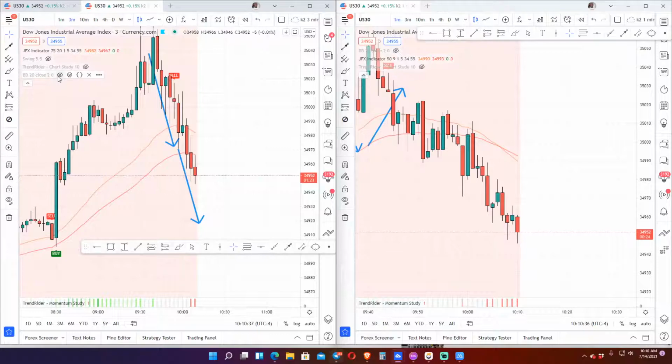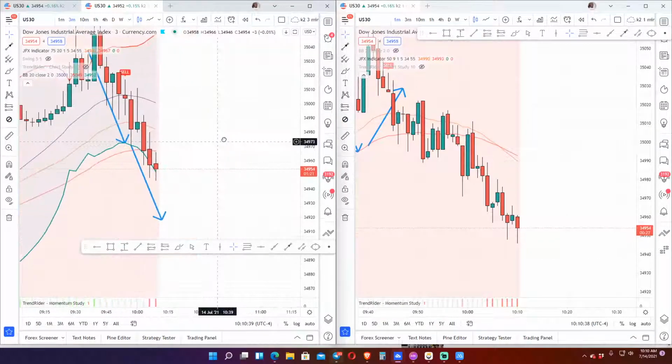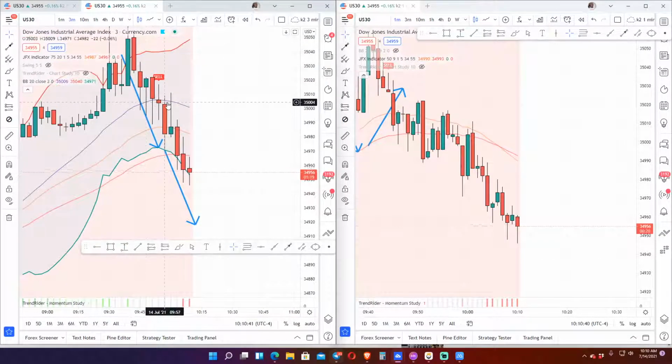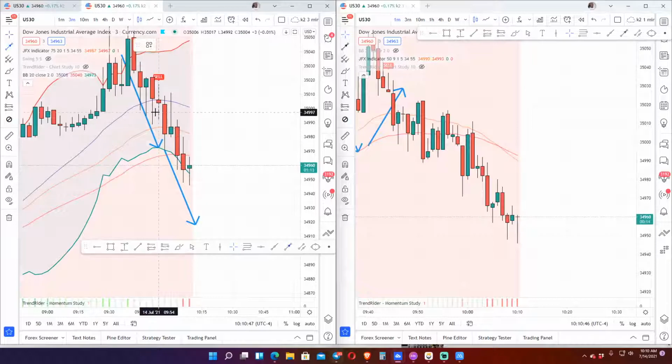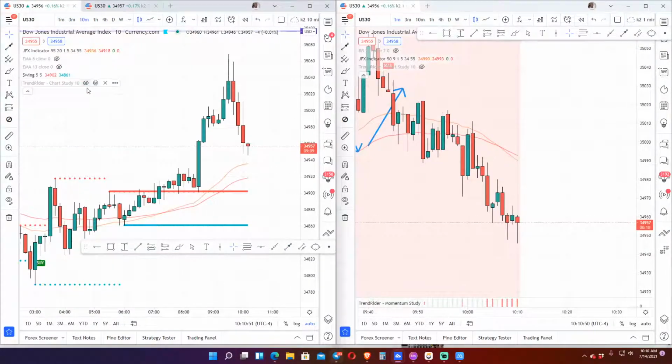Yeah, I'm seeing the sell now with the Bollinger Band. As you can see, price crossed this middle band here, going in the downward direction on the 3 minute. Let me check out the Bollinger Band on the 10 minute.